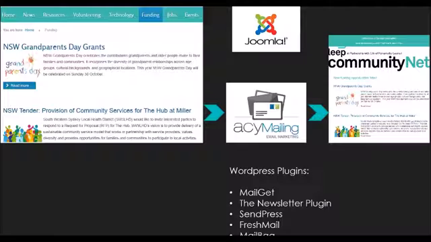Then there's a business version and an enterprise version, and the features increase, obviously, the higher the version. We're using the enterprise version, and I think it sets us back maybe a couple of hundred Australian dollars each year. And it has statistics, it handles subscribes and unsubscribes, sign-up forms. So it's a very good investment.